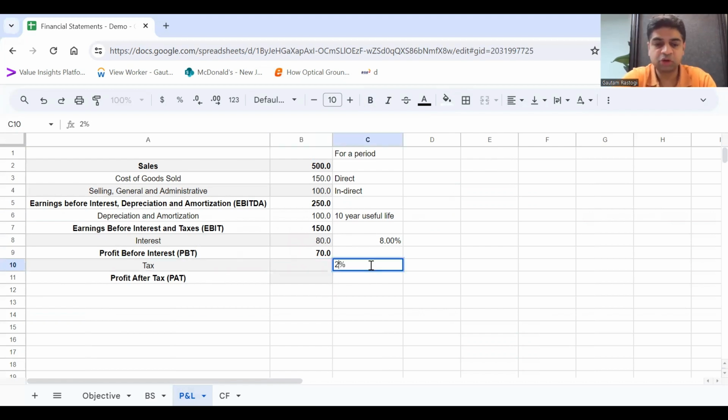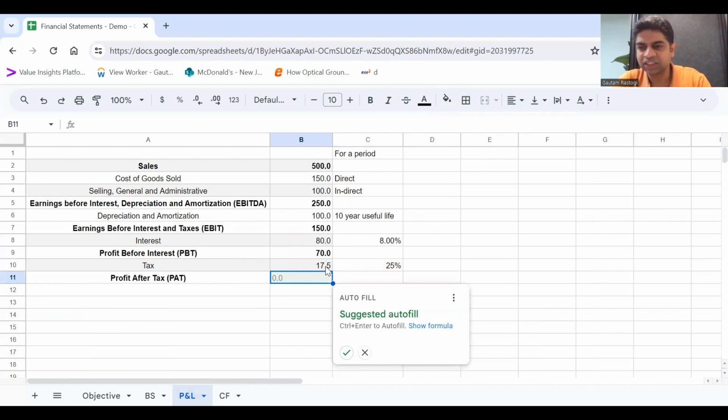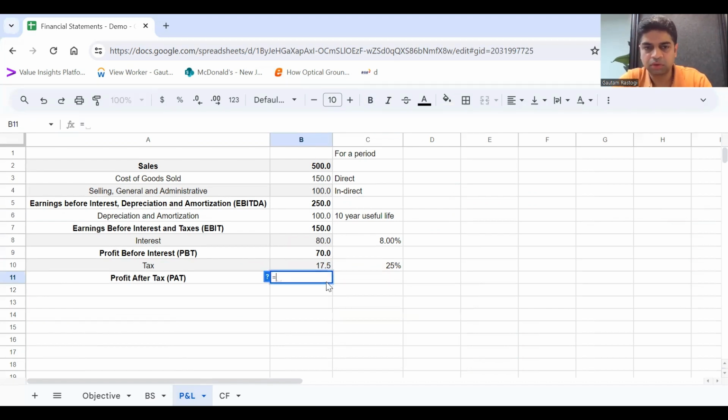Now taxes, you need to pay, say, 25% tax. So 25% of 70, this is the tax you will pay, 17 and a half. So your PAT, or net income after removing all of these things, is 52 and a half. That's your profitability for the period.